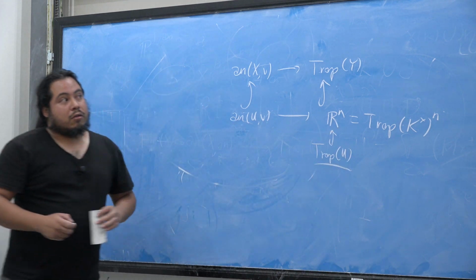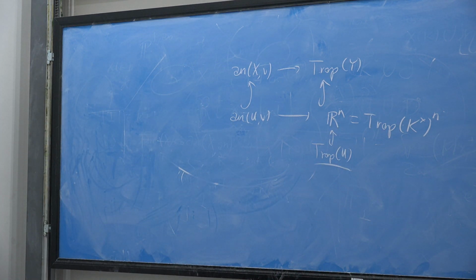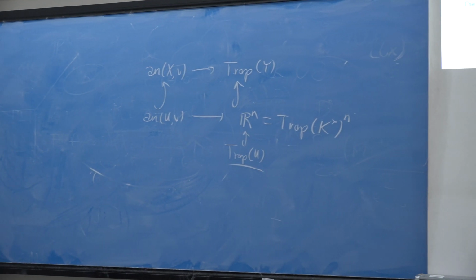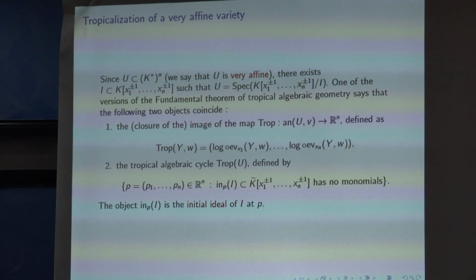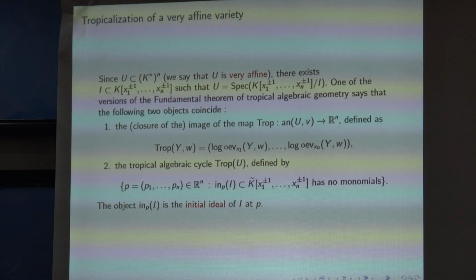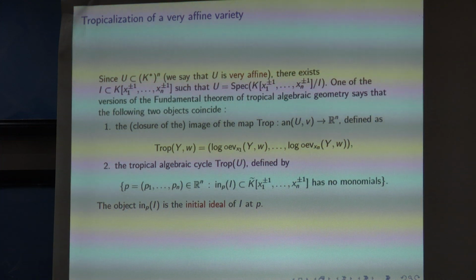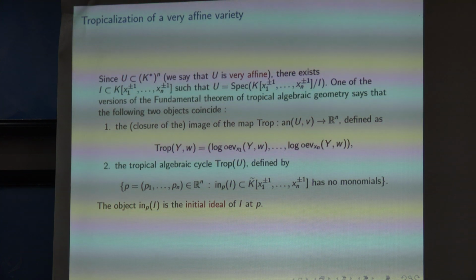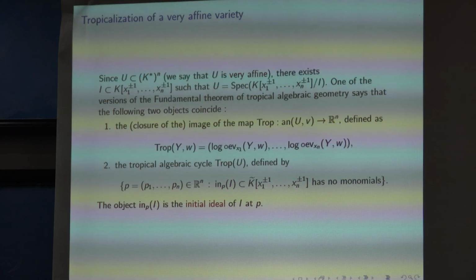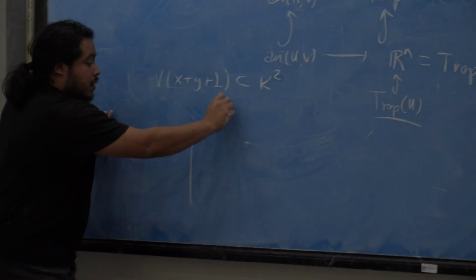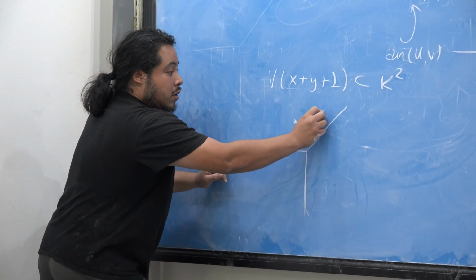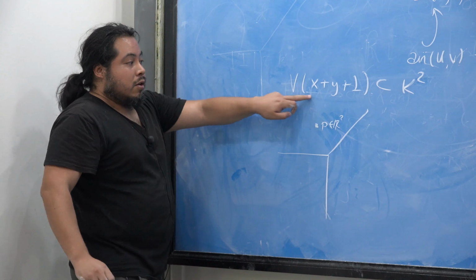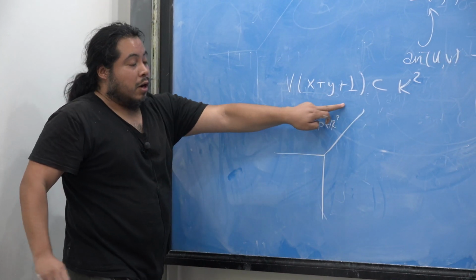And this is not hard to define. You just take points in R^n such that the initial ideal, which is some sort of degeneration using the point as weights for your variables x_i, is not a monomial. So let me just, for example, take x plus y plus 1 inside K^2. You take a point in R^2, and then you perform one operation on this polynomial.